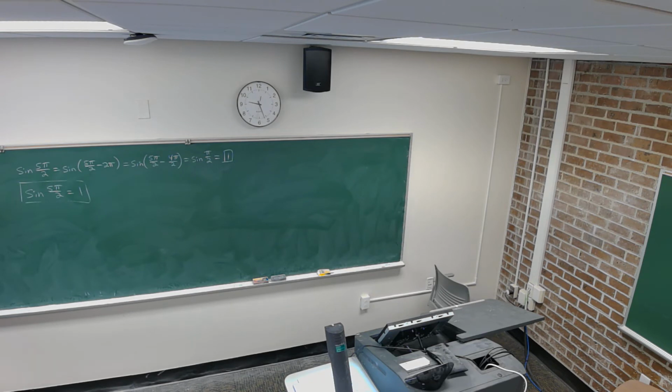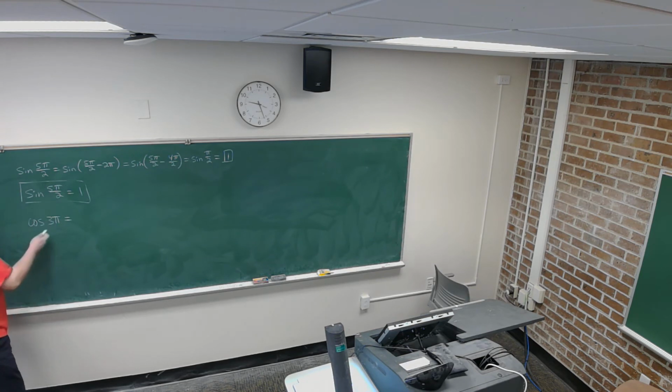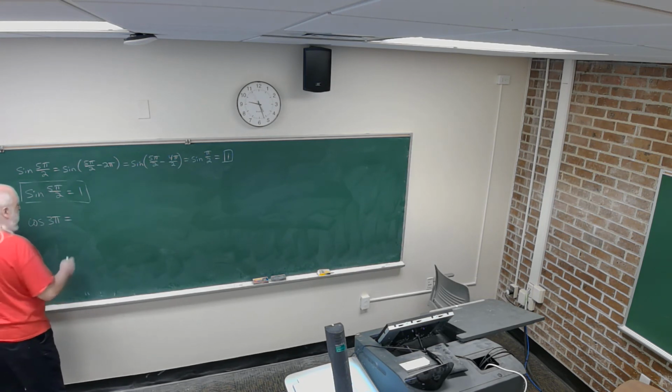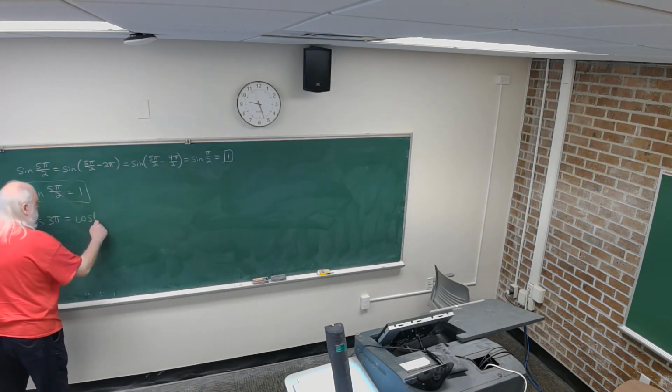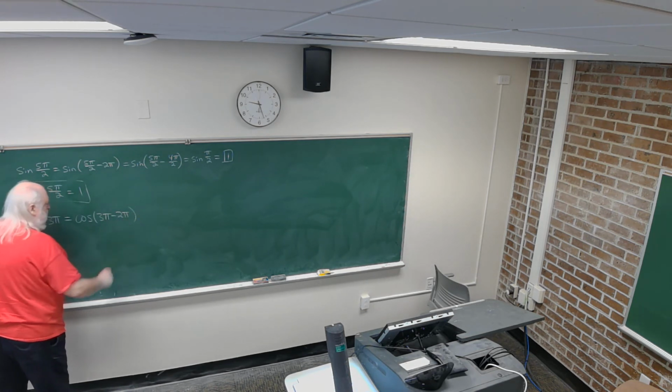5 pi over 2 and pi over 2 are coterminal angles, so the value of the sine function is the same for those two angles. Next we have the cosine of 3 pi. Again, 3 pi is greater than 2 pi, so I can subtract 2 pi from that angle.